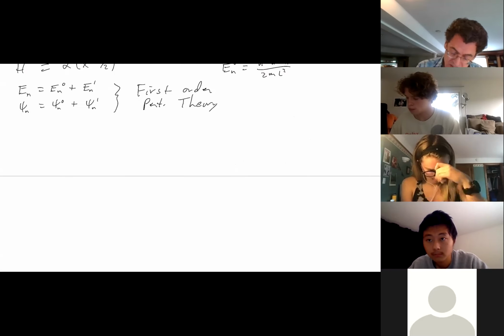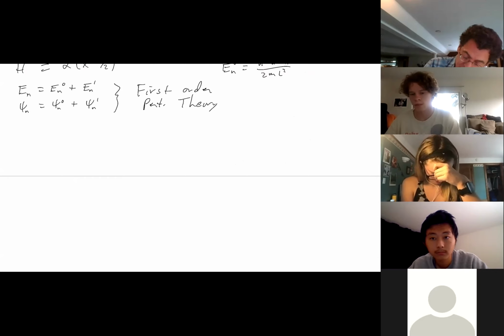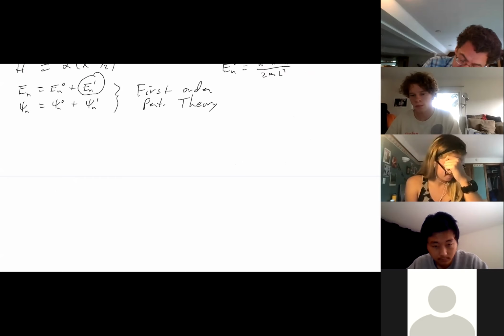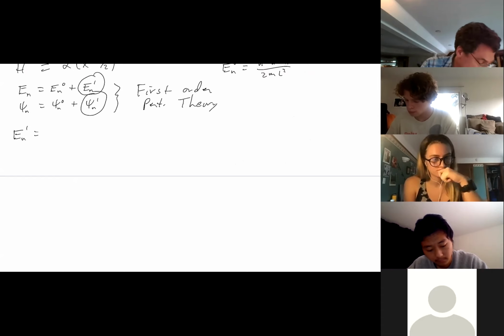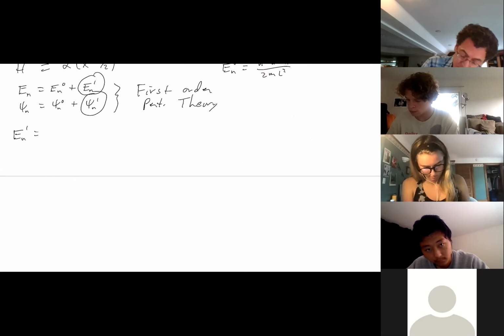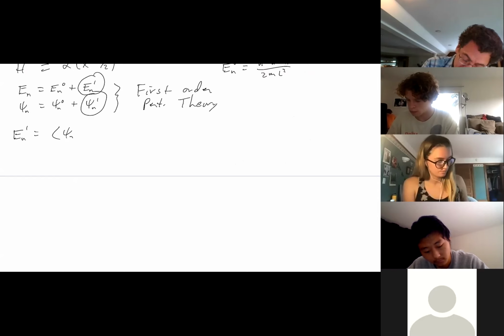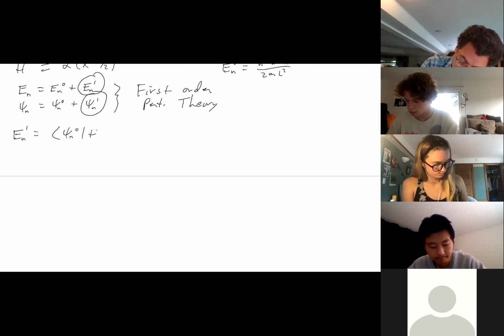And so let's just do it. That means that we have to find these two guys. So let's find them. E n 1 is equal to, it's really easy. We know the formula. It's going to be the bracket of psi n naught, H prime, psi n naught.